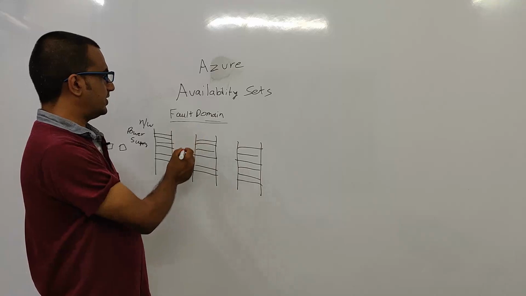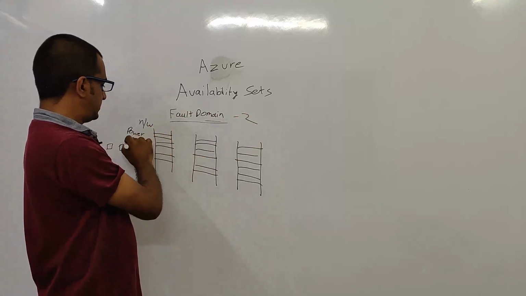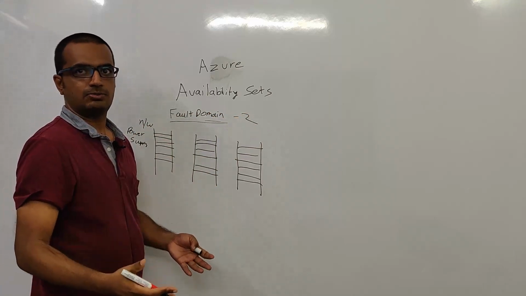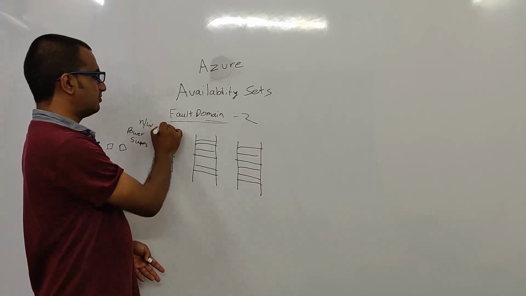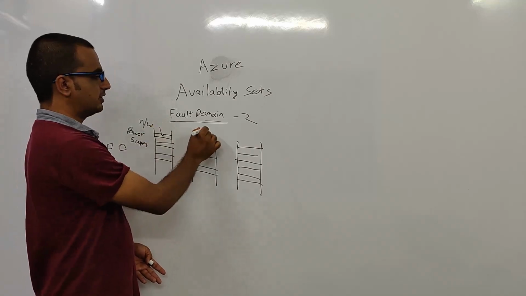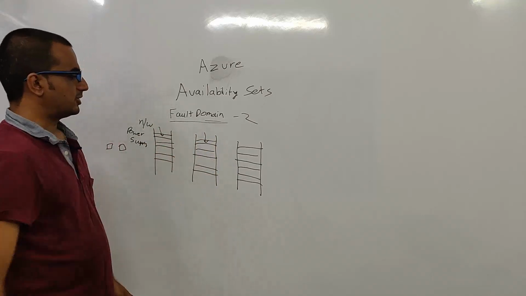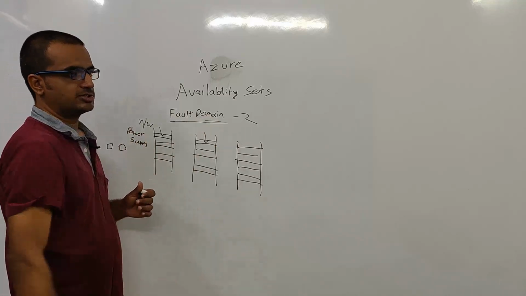So let's say we select the fault domain as 2. If we have two VMs, the first VM will be deployed on this rack, and the second VM will be deployed on this rack. Azure ensures this level of fault tolerance for fault domains.